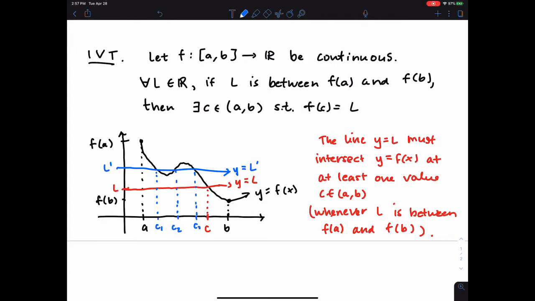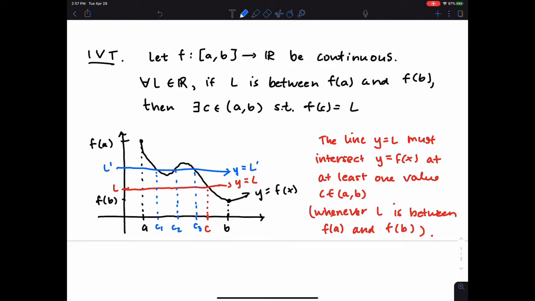The IVT just says we're guaranteed existence. It doesn't tell you what the values are, and it doesn't tell you how many values there are where you intersect. It just says that there has to be at least one intersection, and that's no matter what horizontal line I draw between f of A and f of B.